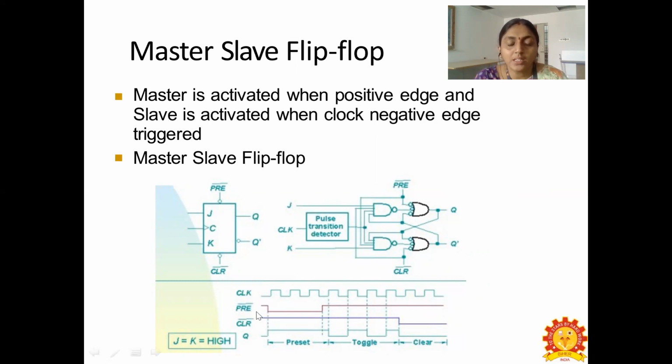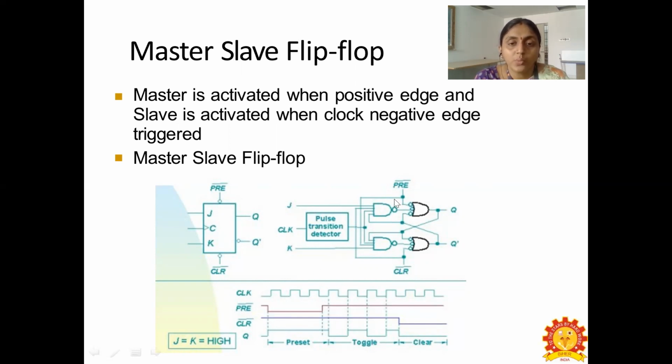So we can see the transition first beginning from high to low, preset condition, and then from low to high where it is toggled, the output is toggled, and which continues completely till the end of the clock pulse.